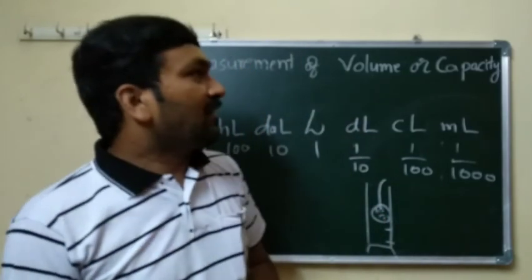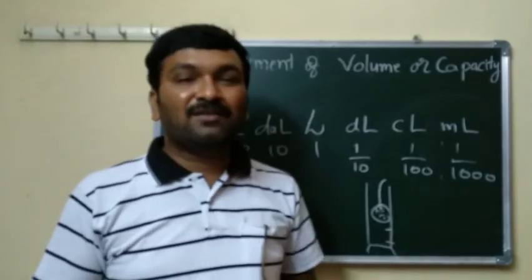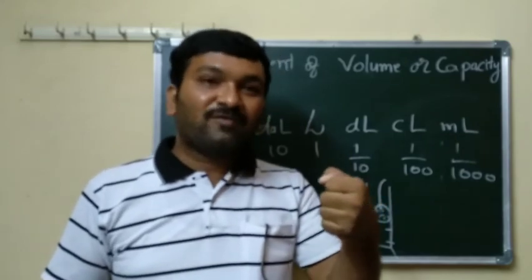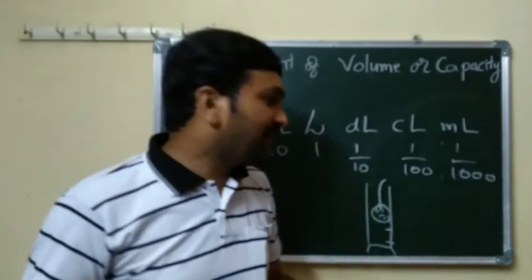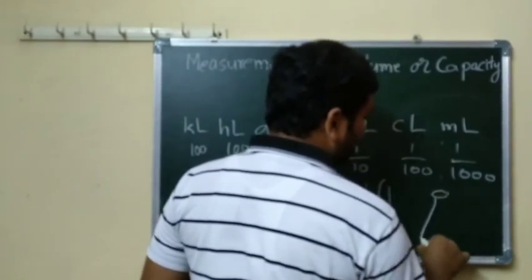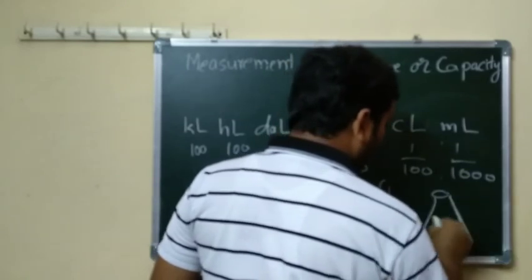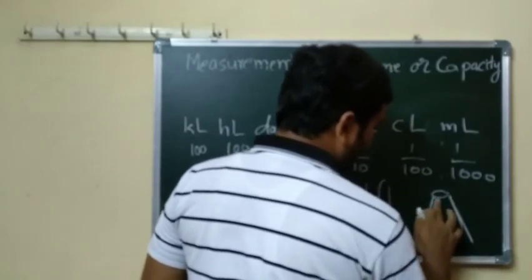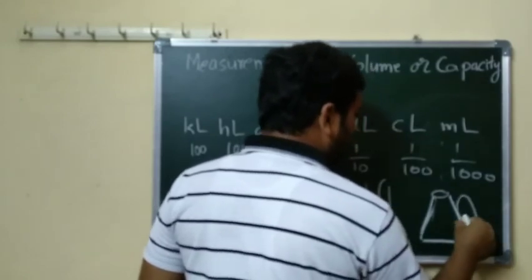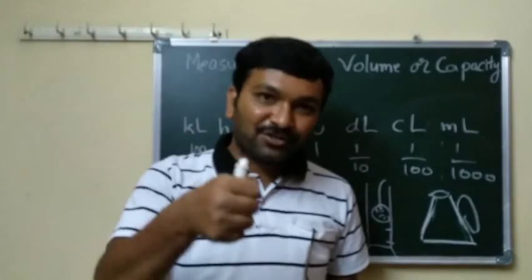The third case is liquids. To measure liquids, a 500 ml jar, I think everybody knows, has a shape like this, with a handle here. Then a 1 liter jar.